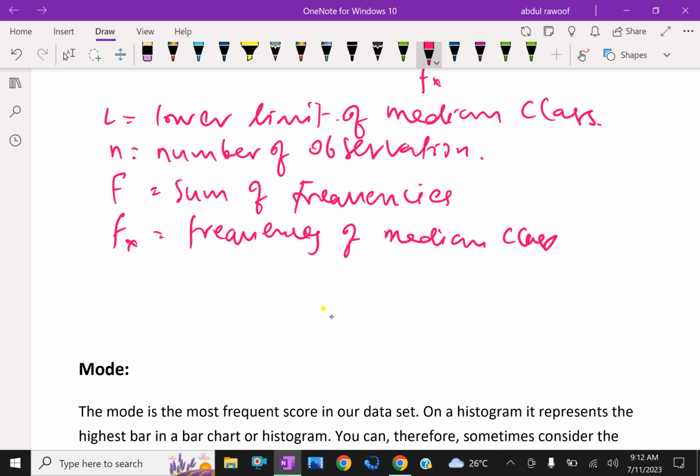Here F is the sum of frequencies up to but not including the median class.